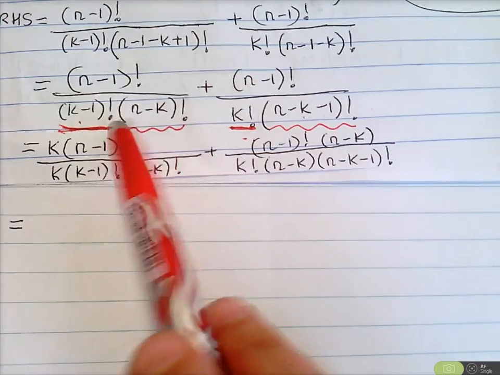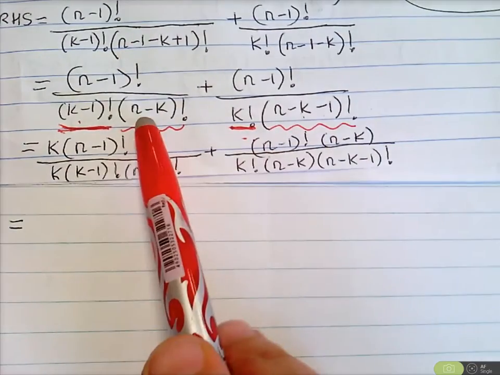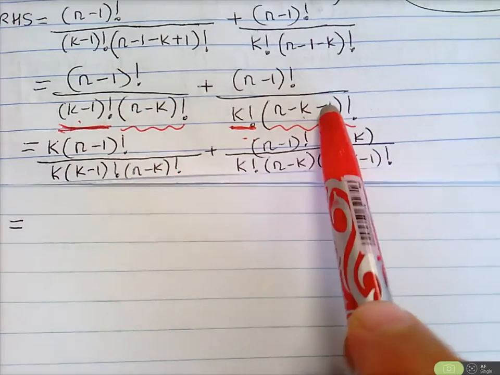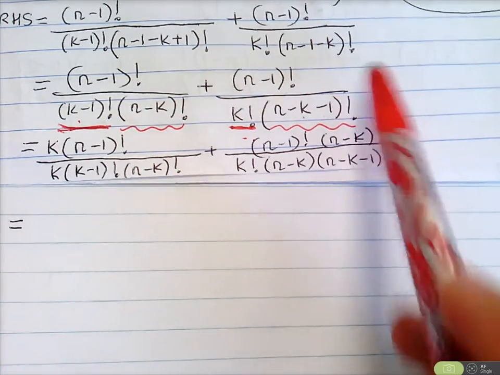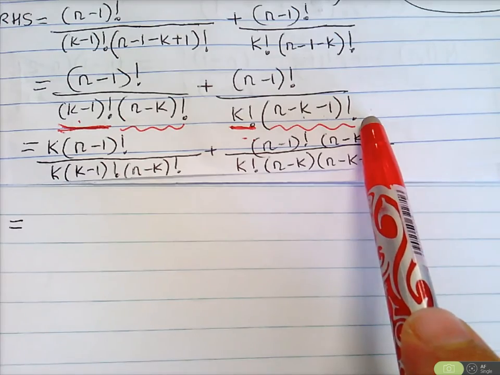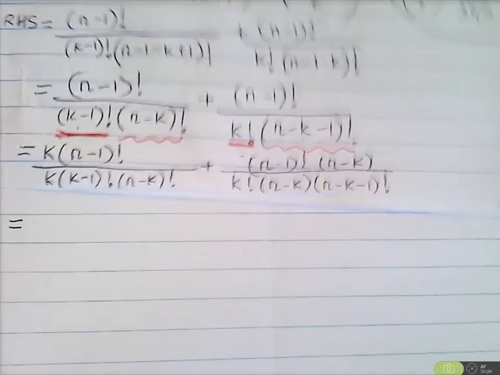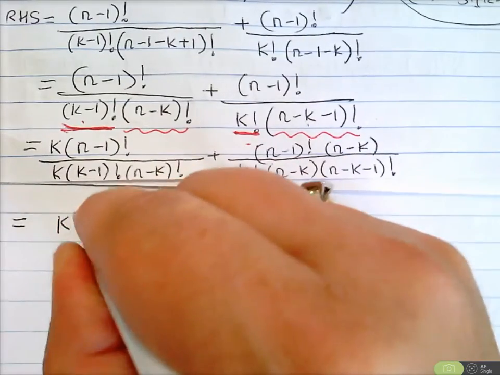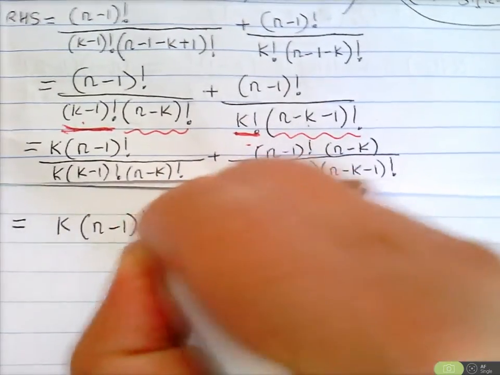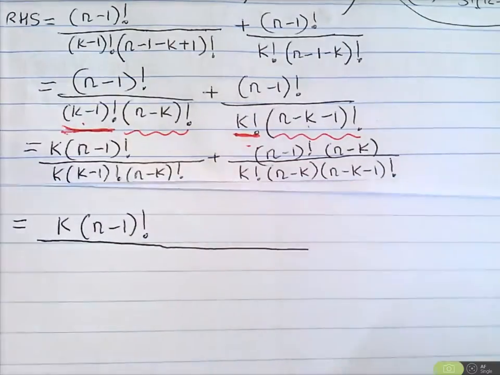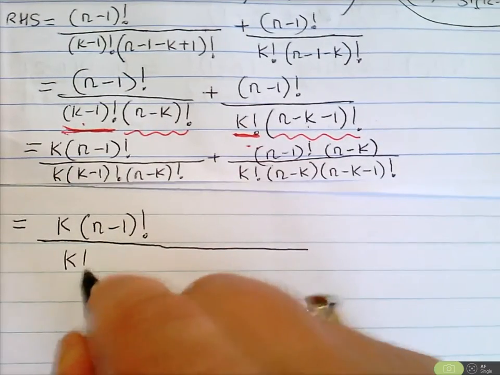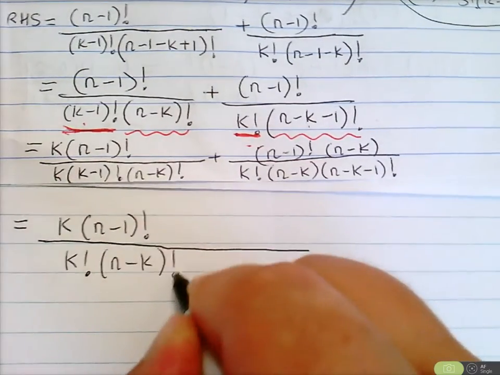With these two, the squiggles, n minus k is one bigger than that. So you times this by n minus k on n minus k. And that will now become n minus k factorial. So what we're left with is k times n minus 1 factorial over, what's this? K factorial times n minus k factorial.